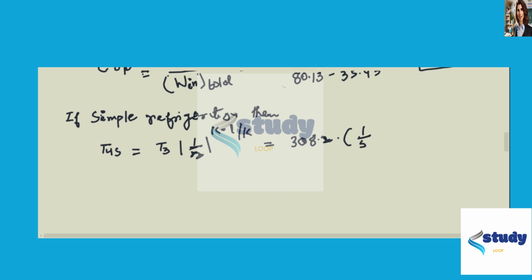So 1 upon 5 whole to the power 0.4 upon 1.4. So temperature of fourth state in isentropic process you will get 194.6 Kelvin.